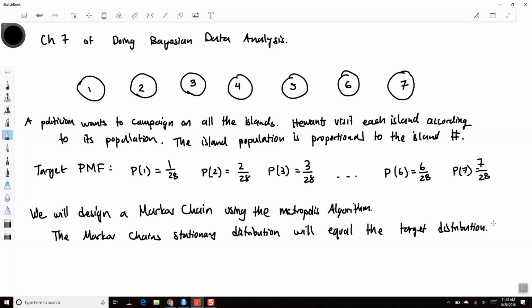And what that means is that we can get a sample that is drawn from the target distribution by running the Markov chain instead of trying to do IID samples, okay?